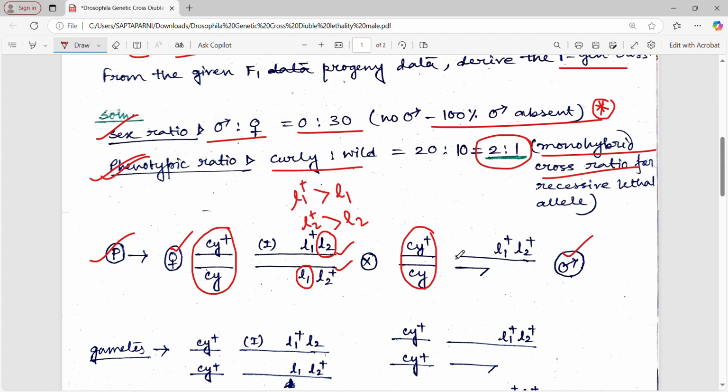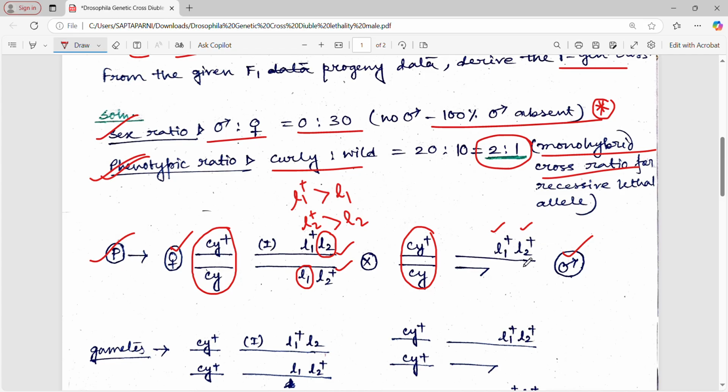But in the case of the father, you can see I have taken both the lethal alleles in wild type form. Why? Because if one is in mutant form, say L1, there will be no complementing allele for L1. The mutant allele cannot produce any protein, and males have only one X chromosome.